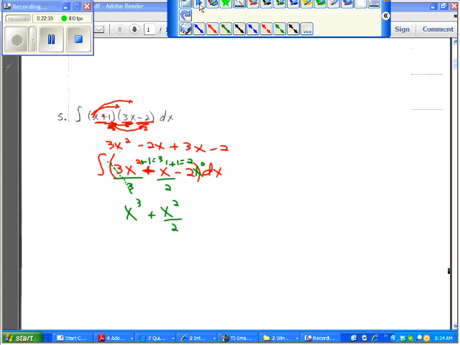With this 2, there was an understood 0, x to the 0. We're going to add 1, which would give us a 1. We would divide by that same 1. And that's going to give us a negative 2 over 1, x to the 1st. Plus that constant of c.